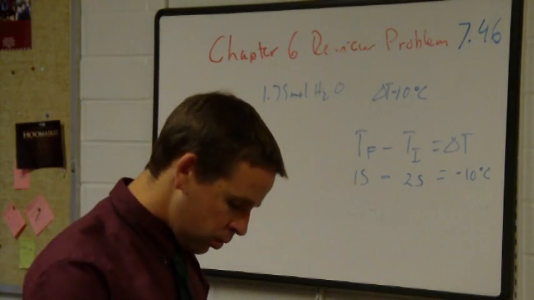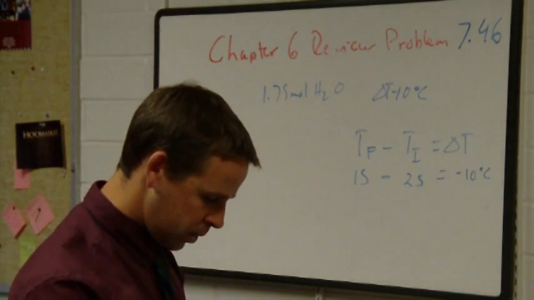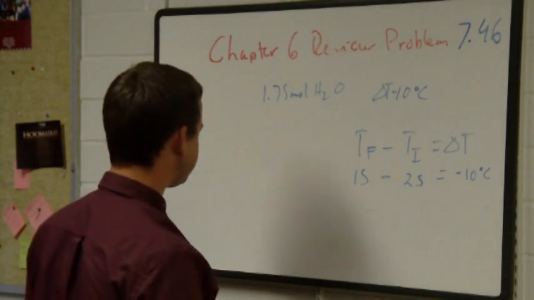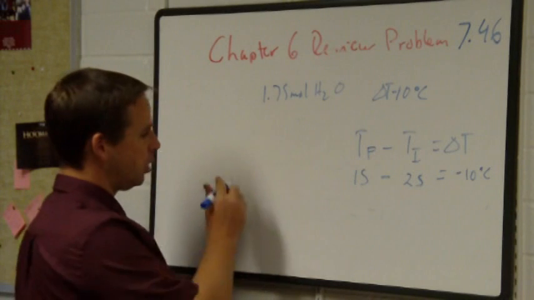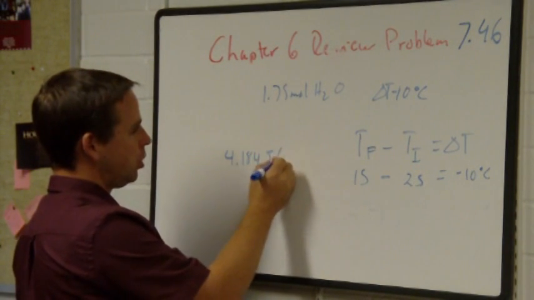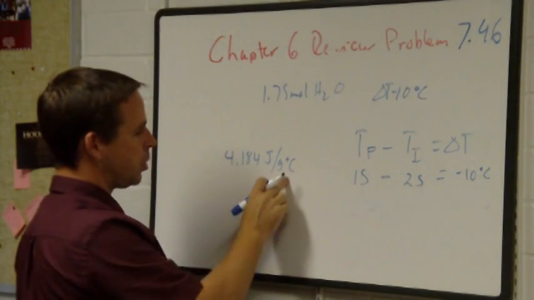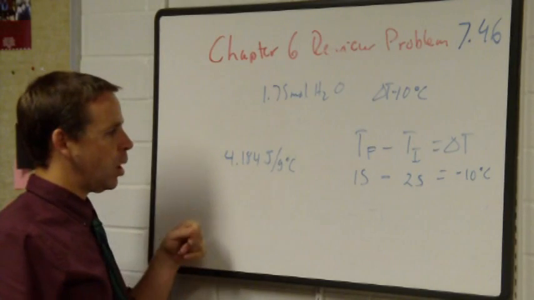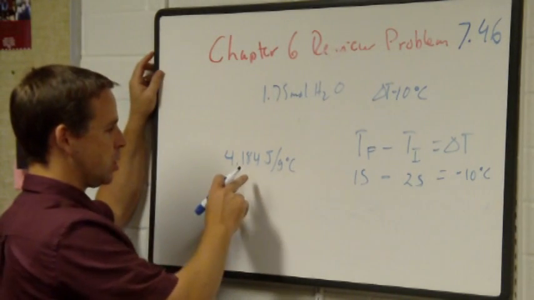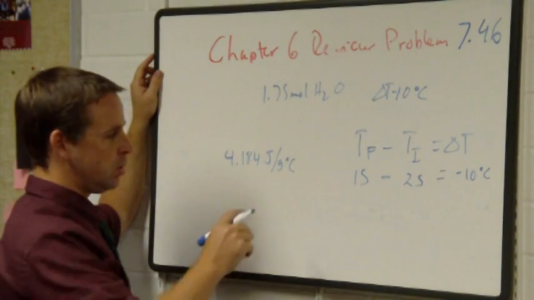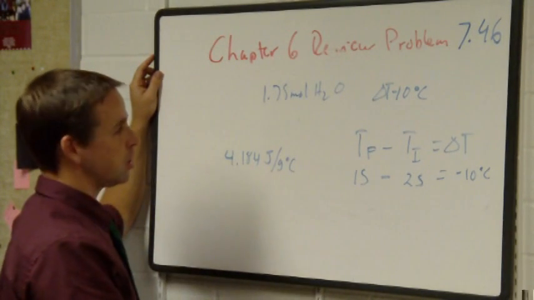So how much heat in joules and in calories must be removed from 1.75 moles of water? Well, there's a number in the book there, 4.184. That's how many joules per gram per degree Celsius of energy that water needs to change 1 degree Celsius.